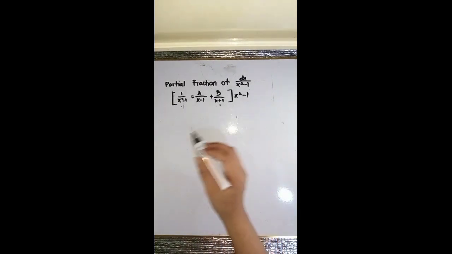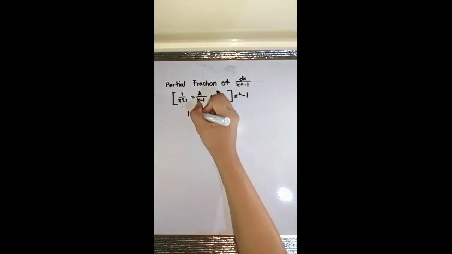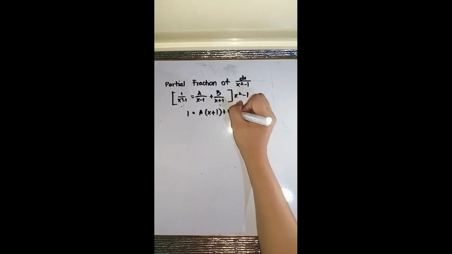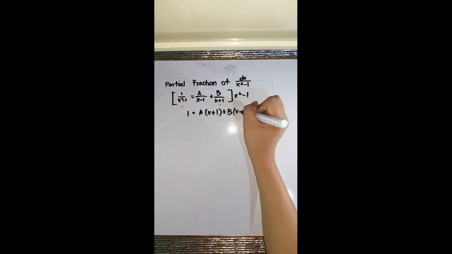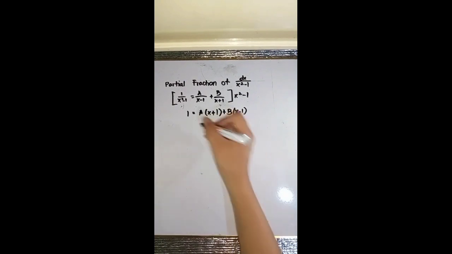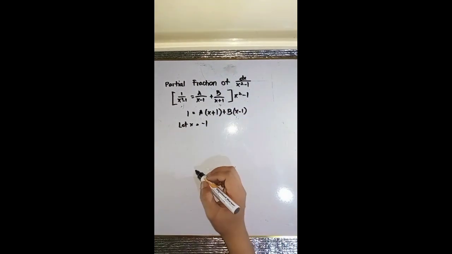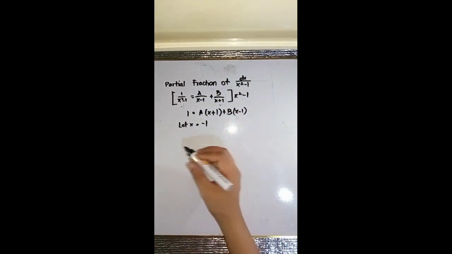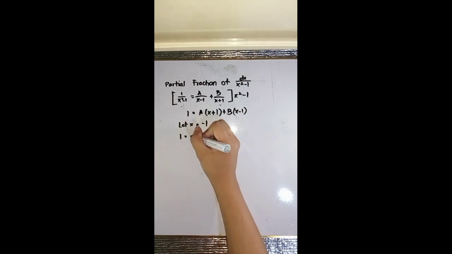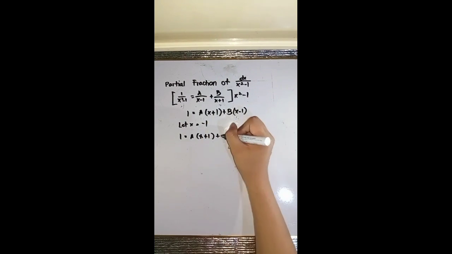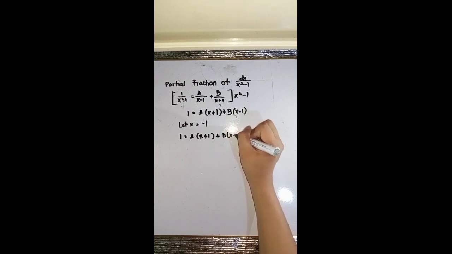So on to our solving. 1 equals a multiplied by (x plus 1) plus b multiplied by (x minus 1), and we'll let x equal negative 1 on one side.